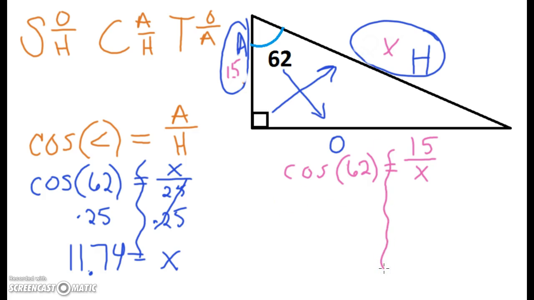The long way to do this is to multiply by X on both sides. That gets the X out of the denominator here, brings the X over here, and then you divide by the cosine of 62. But basically what's happening is that these two things are trading places. The cosine of 62 and the X just need to trade spots.